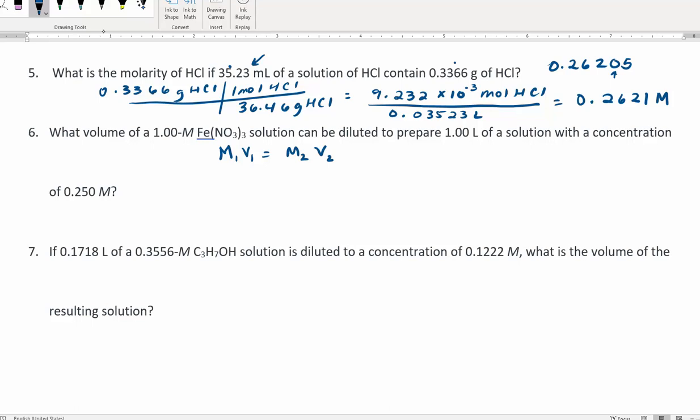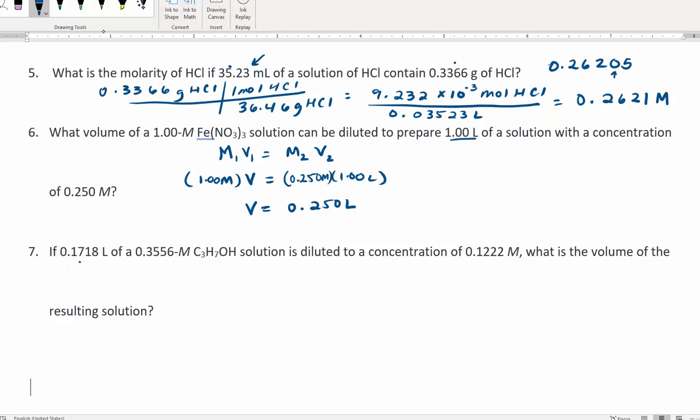So what volume tells me that this volume is unknown of my 1.00 M is equal to, and then this volume goes with my 1.00 liter, and that 1 liter of solution has a concentration of 0.250 capital M molar. So then you solve for V, and that V is going to be 0.250 liters.